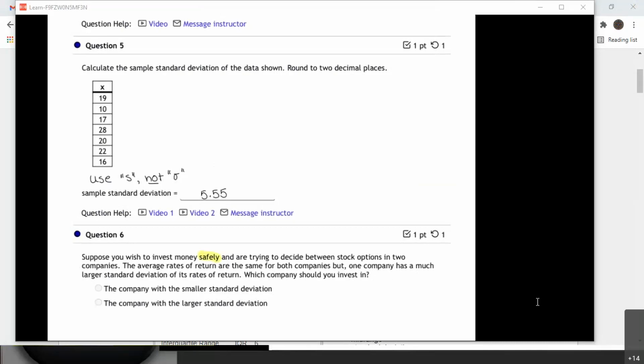So I'm asking you to participate. What's your answer to number 6? Just put your answer in the chat. And again, if you just want to type the word smaller or larger, that's fine.